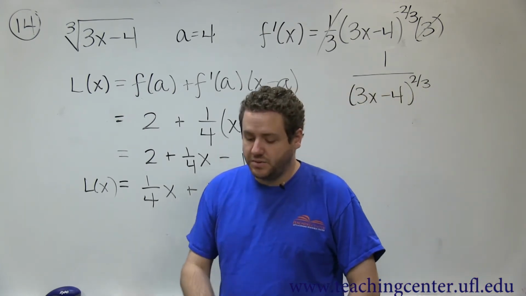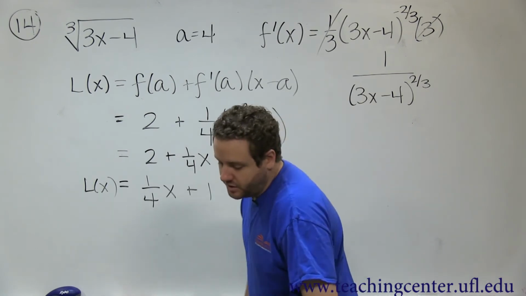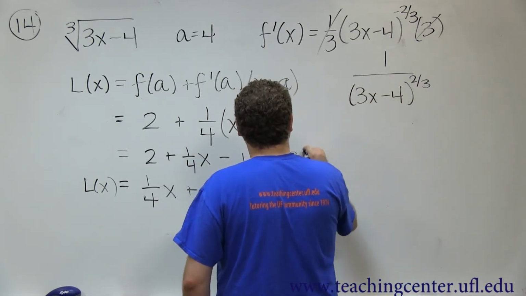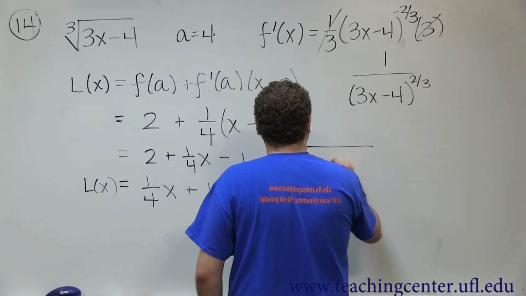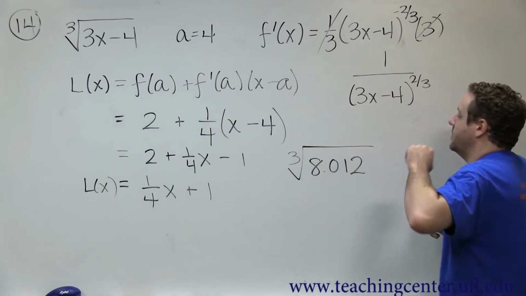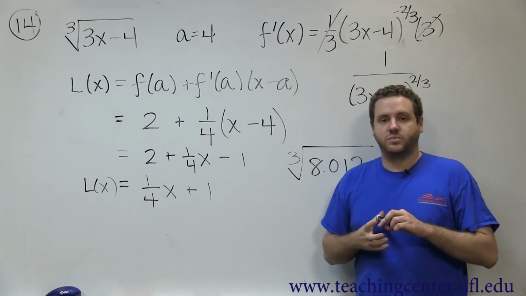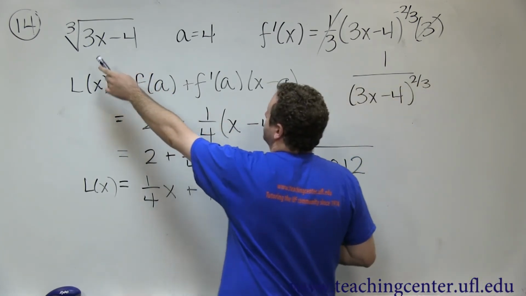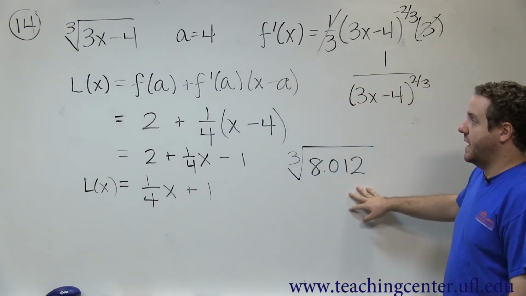So now we're ready to use that to approximate a value. So we want to approximate cube root of 8.012. So what you need to figure out is, what am I plugging in for x? Well, I'm plugging in for x whatever x in my function would have resulted with 8.012 under the radical.